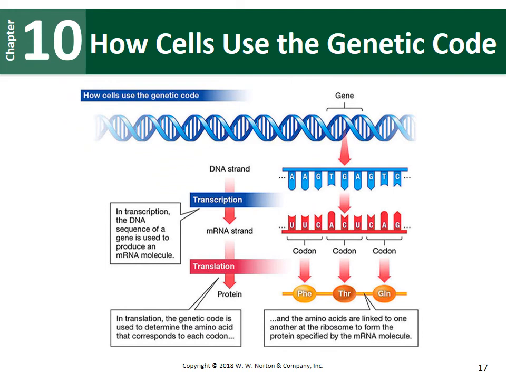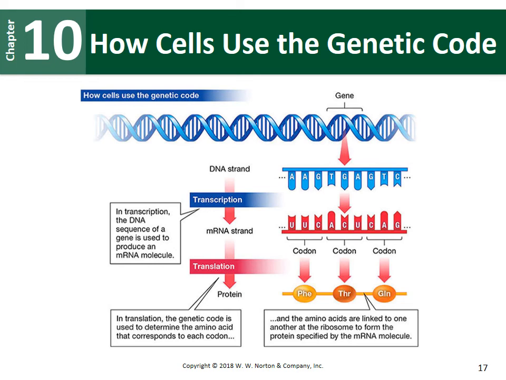So this is how our genes, our DNA, can be used to create proteins. And then these proteins will give us all of our physical traits or physical characteristics. So if you remember, our DNA is made up of sequence called genes.